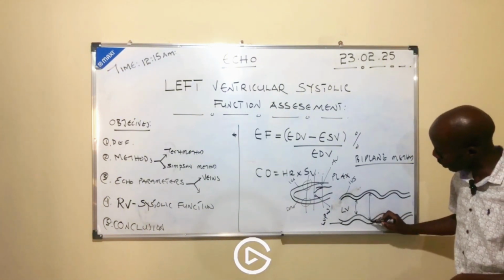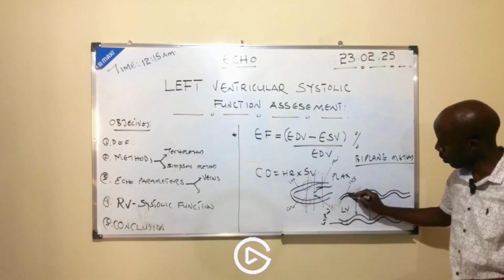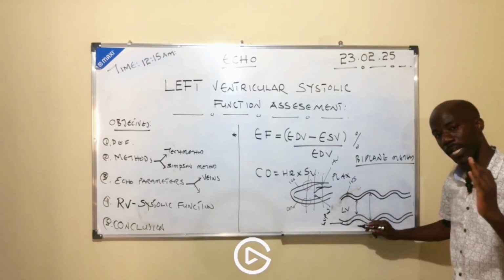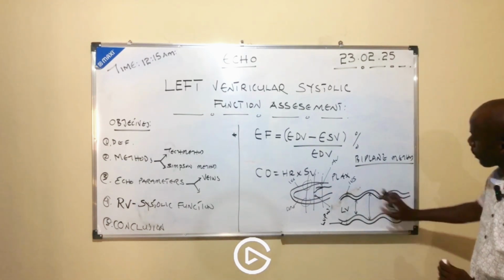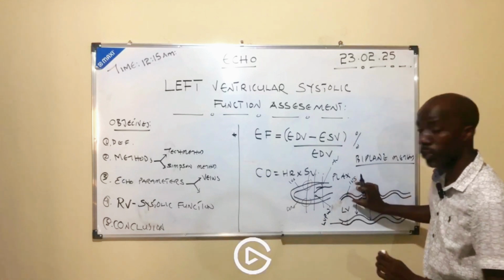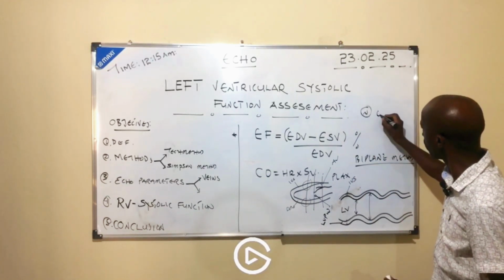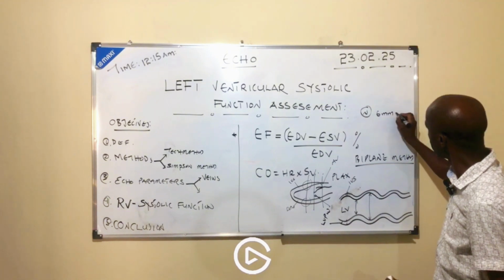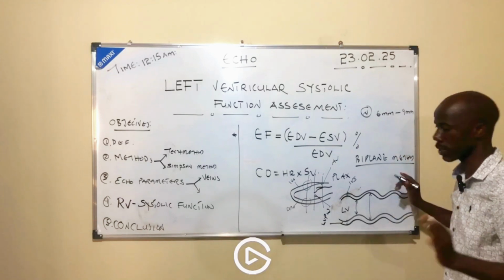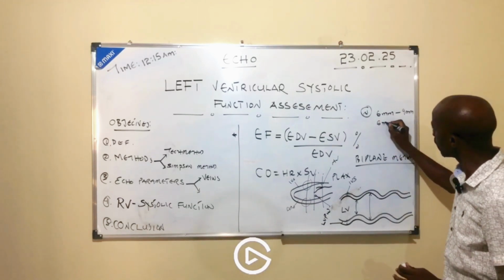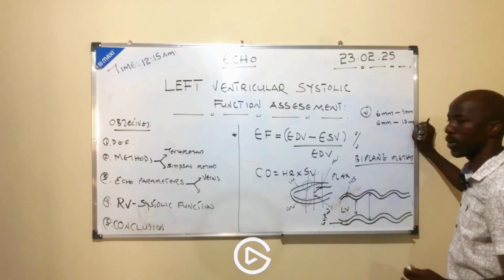You also need to know the normal thickness of the left ventricular posterior wall in systole. Typically, the septum during diastole should range from 6 millimeters to around 9 millimeters in females, and 6 millimeters to around 10 millimeters in males.